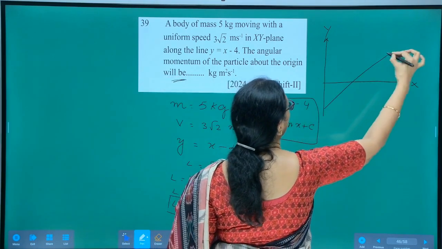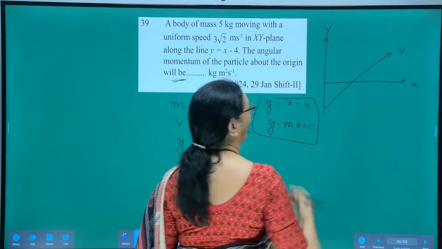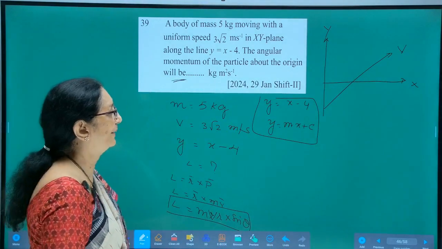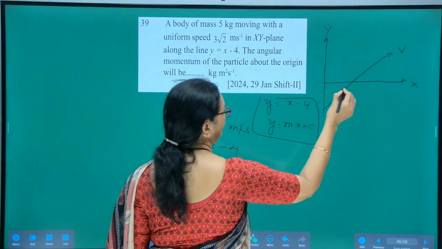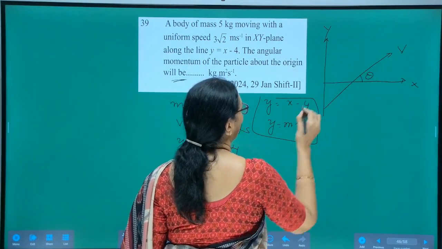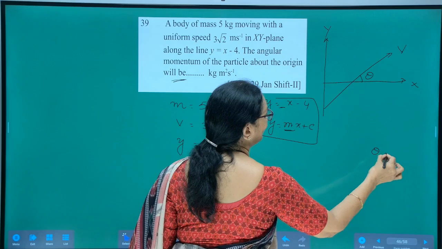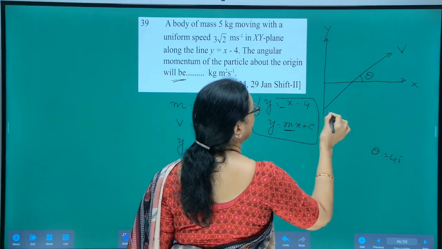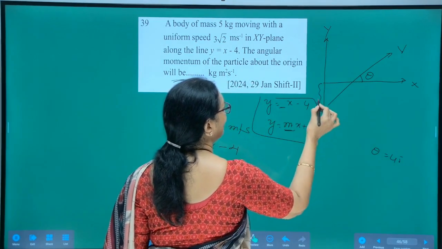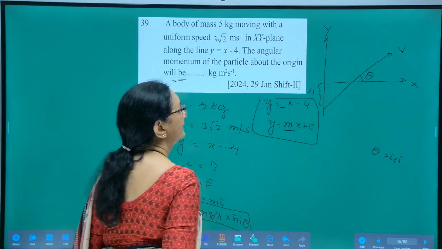So this is the direction of velocity. Along that straight line, the particle is moving. So here this angle, the slope, tan theta is equal to 1, hence theta is equal to 45 degrees. And this is the negative intercept, that is 4.